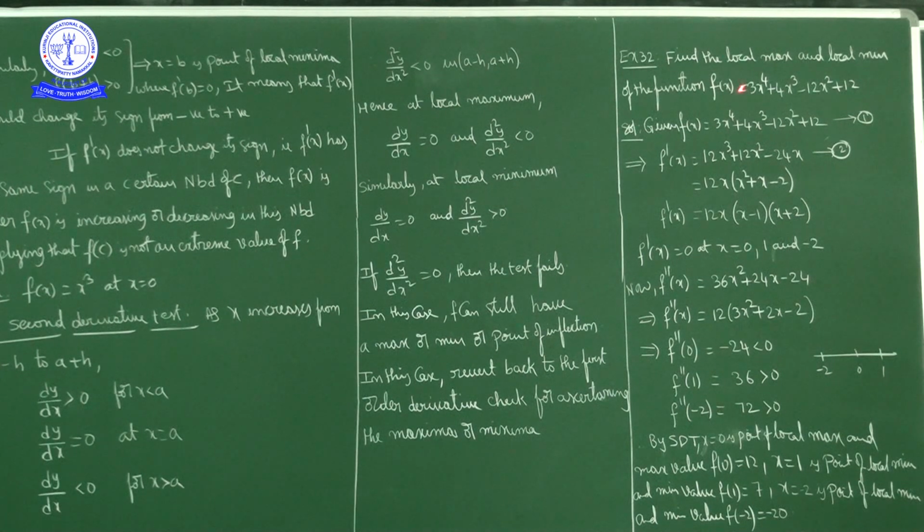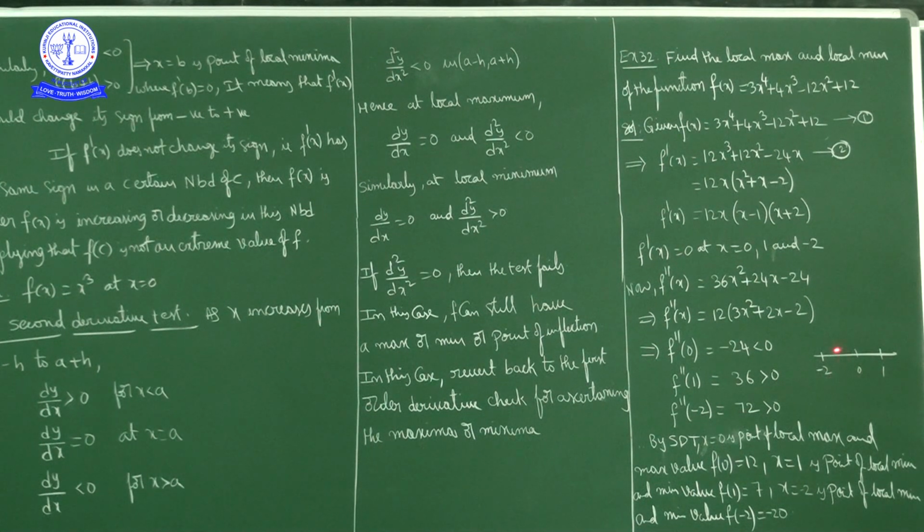For the local minimum value, if we substitute minus 2 in place of x and calculate, we get minus 20. One more thing we discussed is that local maxima and local minima occur alternately.